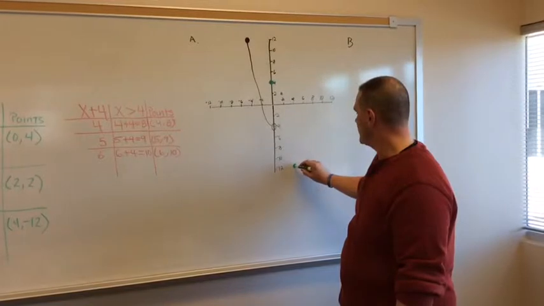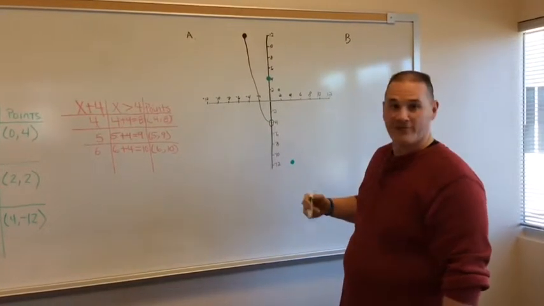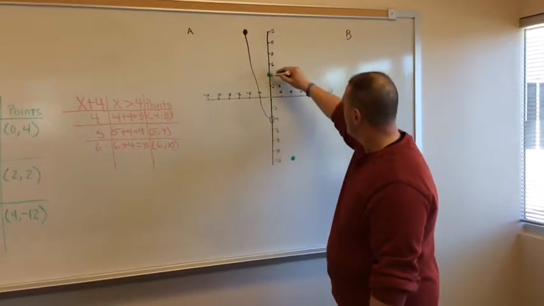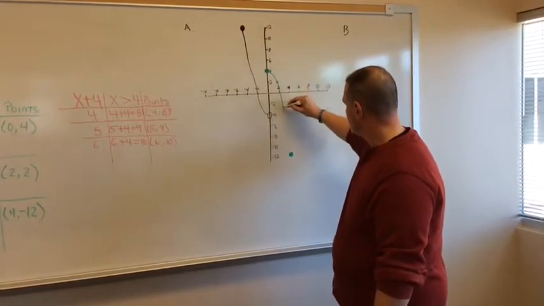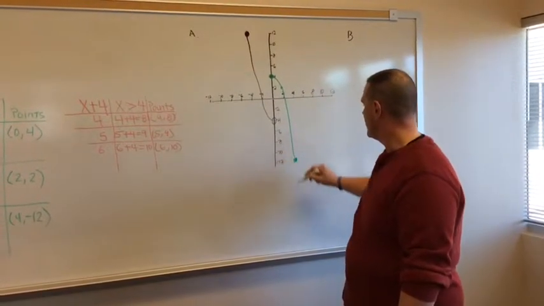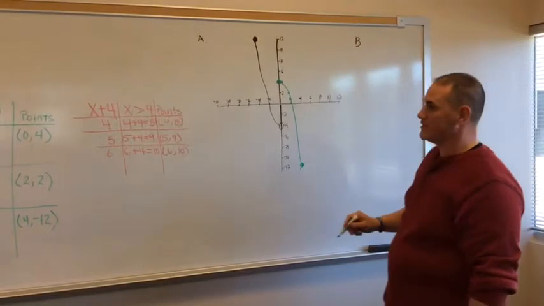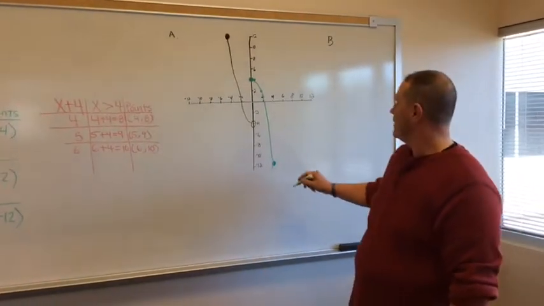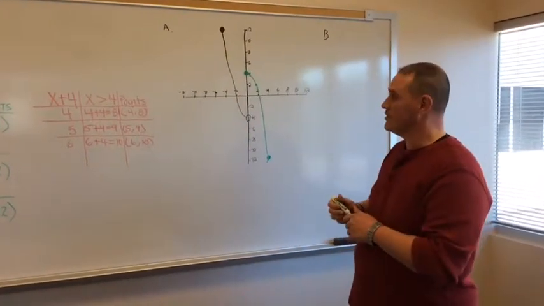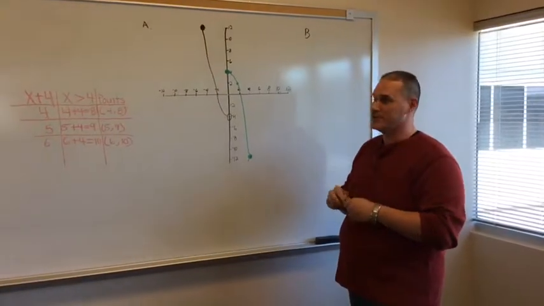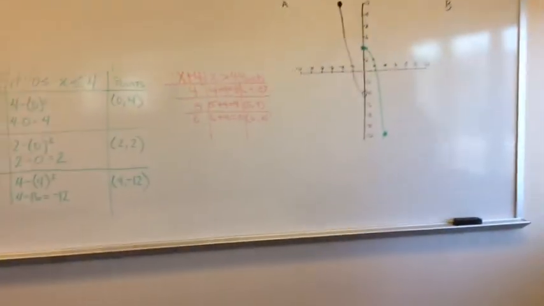And that is also going to be a closed circle because we have the equals to. And the x squared is also a parabola, so I'm making the form here to make it look like the parabola. And this is where my points will end. At this point, we'll hand it off to Zoe to explain the third problem.